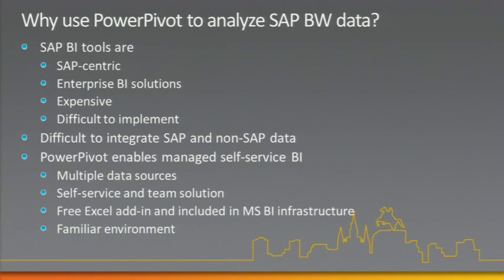The other reason to use Power Pivot is just that Power Pivot's going to enable that self-service BI. Someone can go out and grab data from SAP and then integrate their external data. It's really a self-service and a team solution.